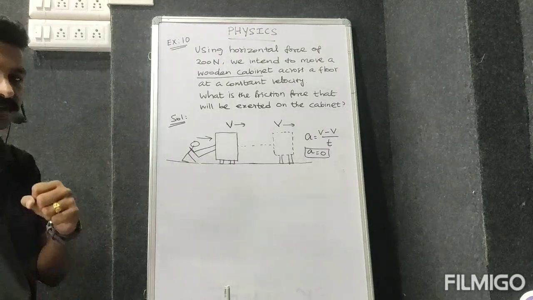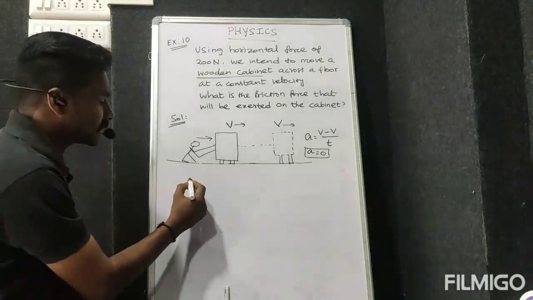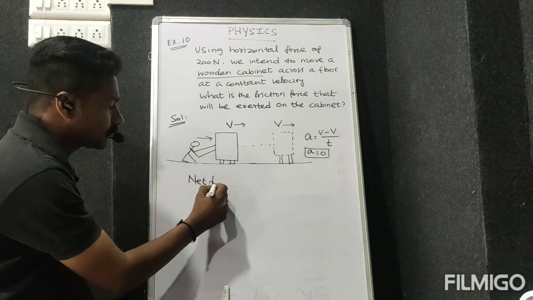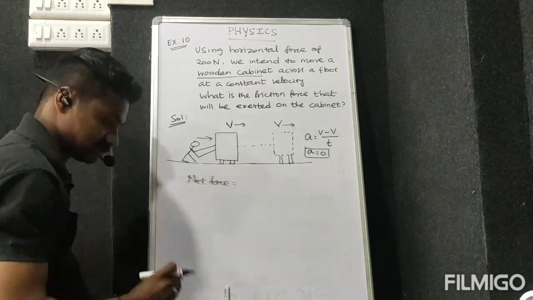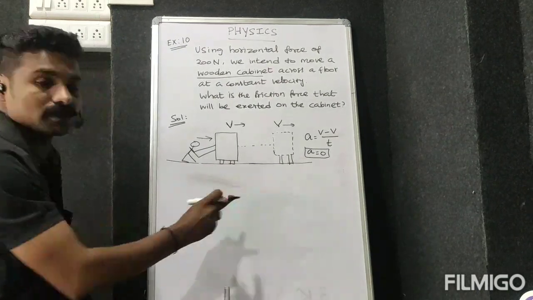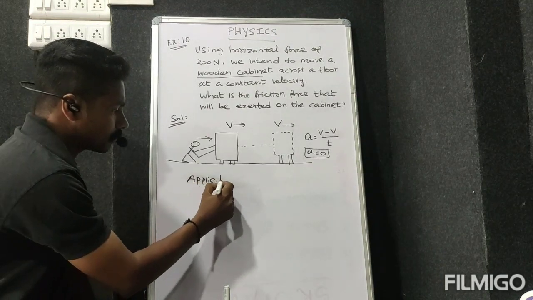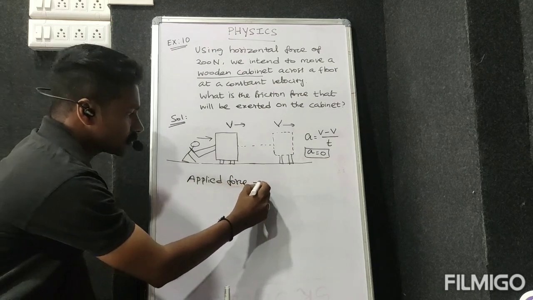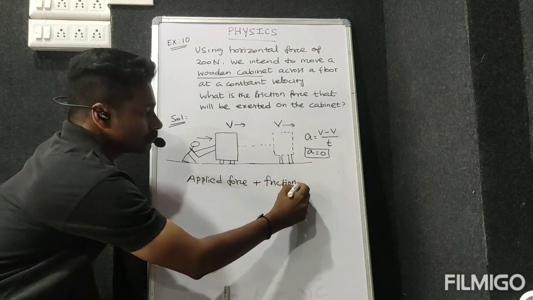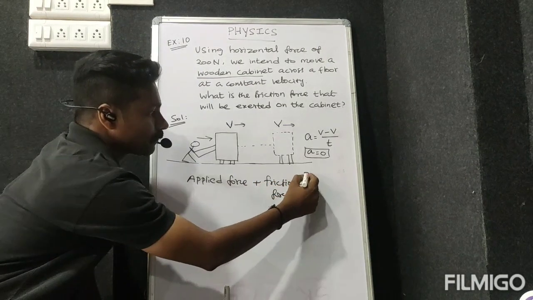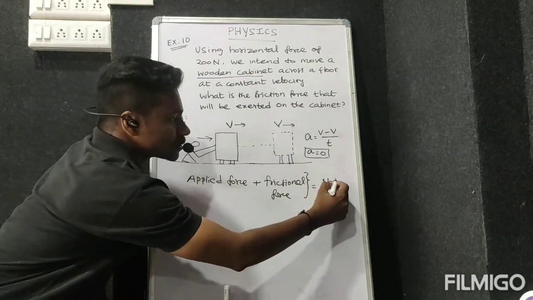So net force means applied force plus frictional force. We can write it like this: applied force plus frictional force is equal to net force.